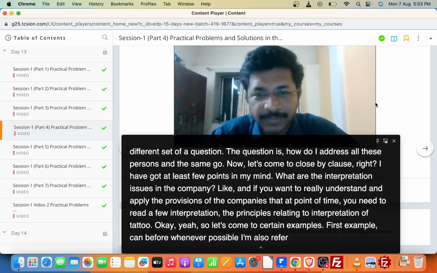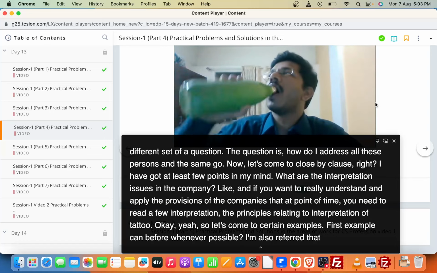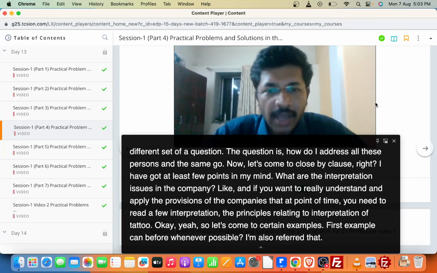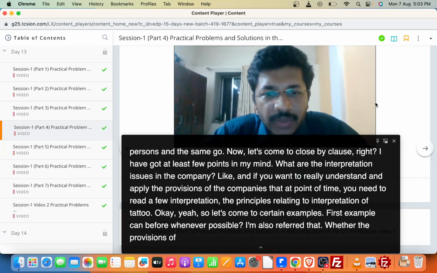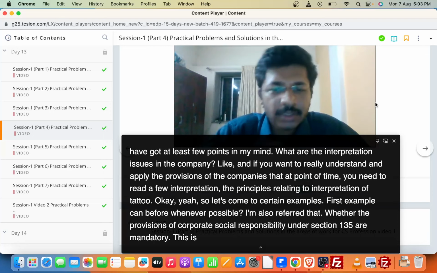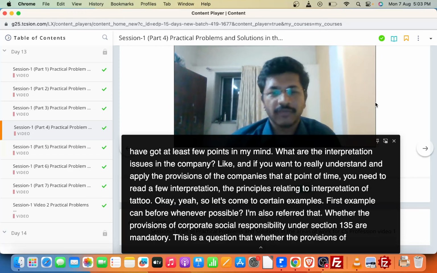I may also refer to whether the provisions of corporate social responsibility under section 135 are mandatory. This is a question, whether the provisions of section 135 are mandatory.